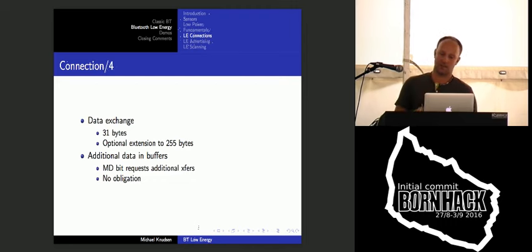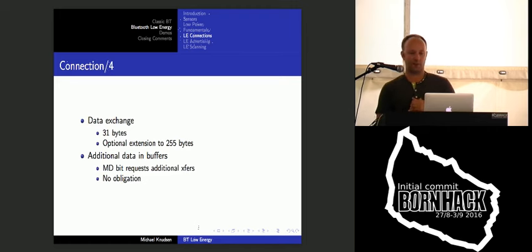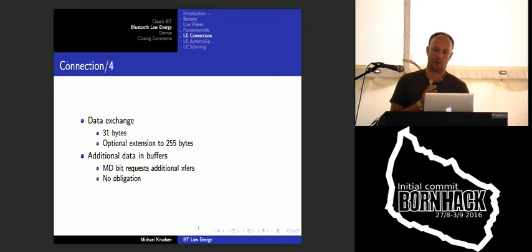And there's also a neat thing where if you have a connection event, you can say that you've got 32 bytes that you would like to send to the other guy. Instead of having to wait maybe 4 seconds until you get to send the final byte, you can set what is called the more data bit in the header, which means that you tell the other guy that you've got more data for you, and that requests him to come back and listen again after you have done your transmission.